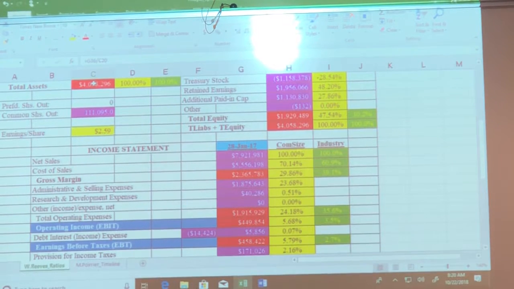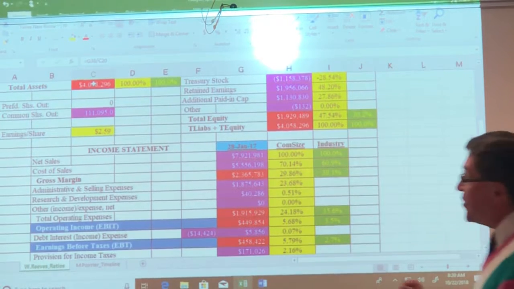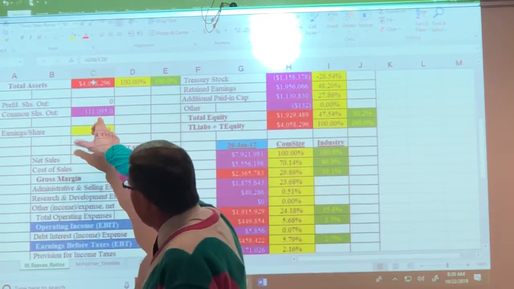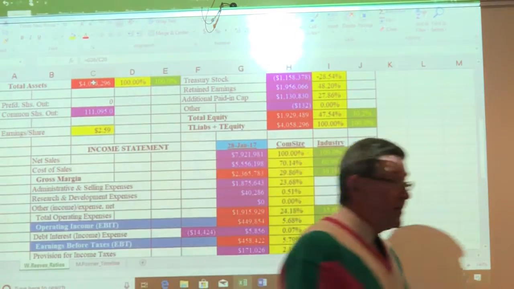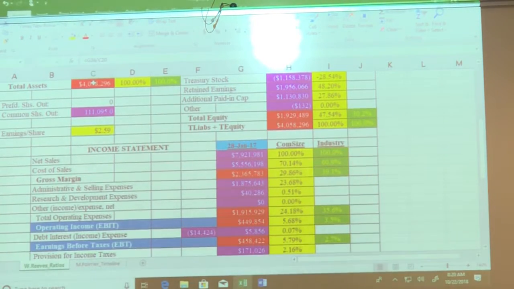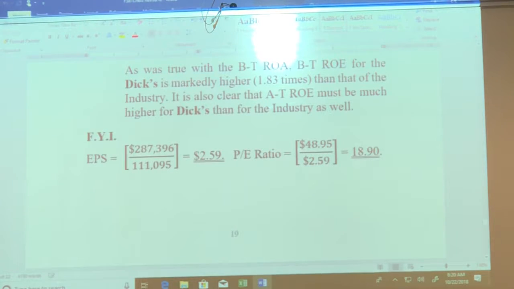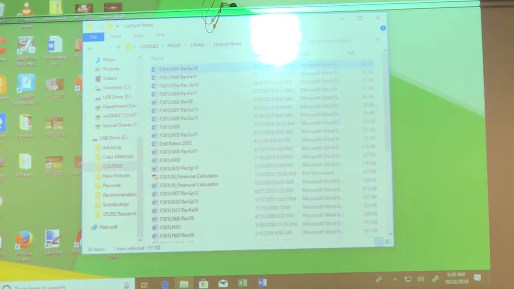And one of the things that I also realized that I needed to show you is where that number in the spreadsheet came from. Presumably you have lecture note 5A someplace somewhat handy.